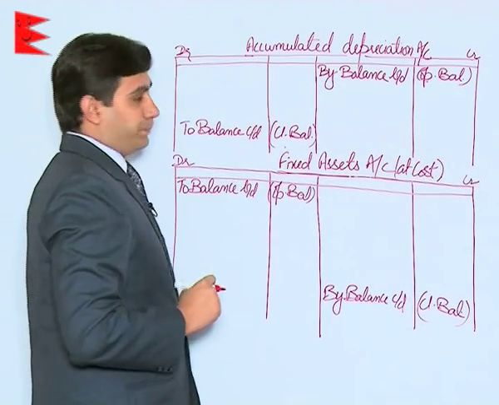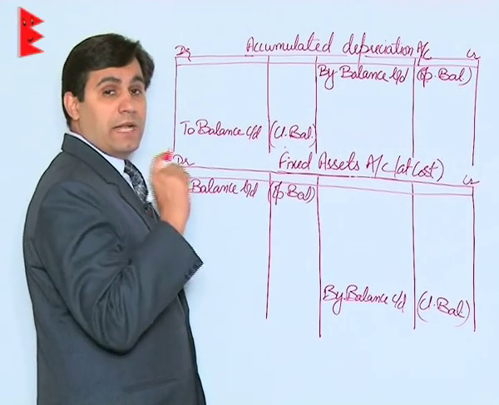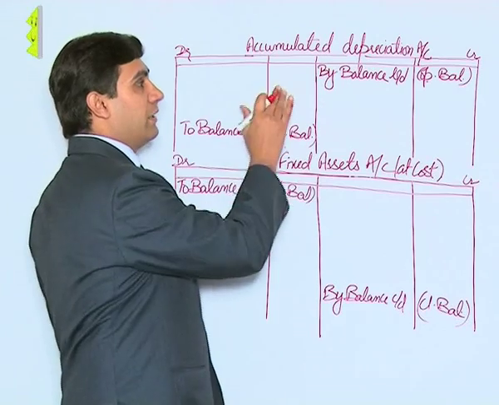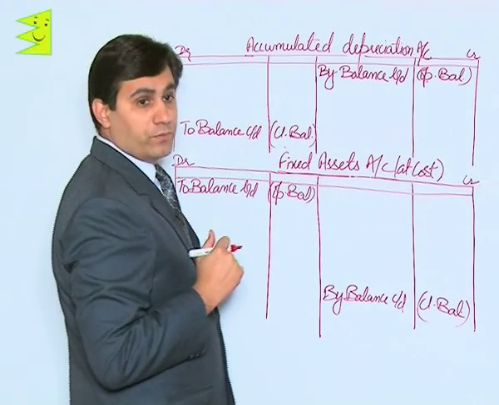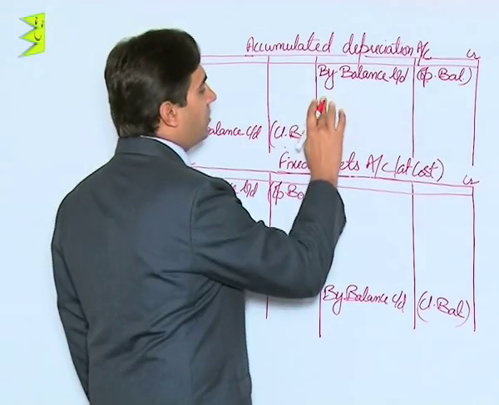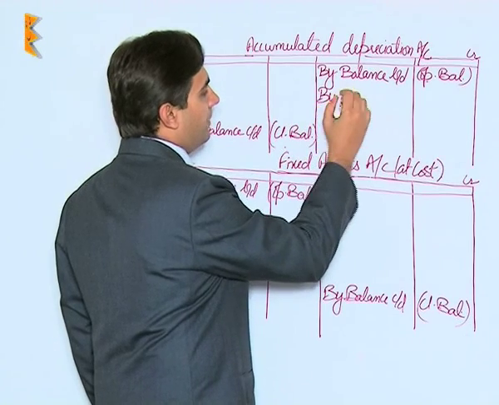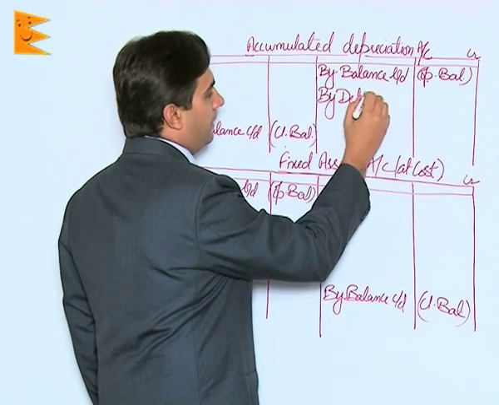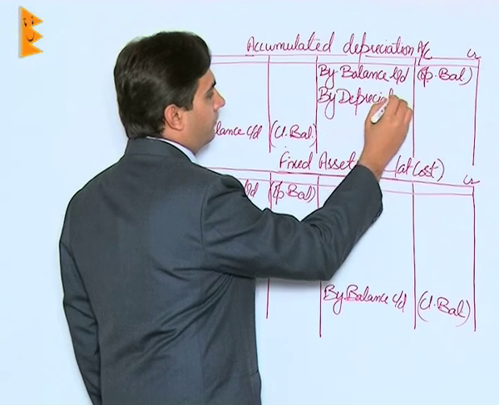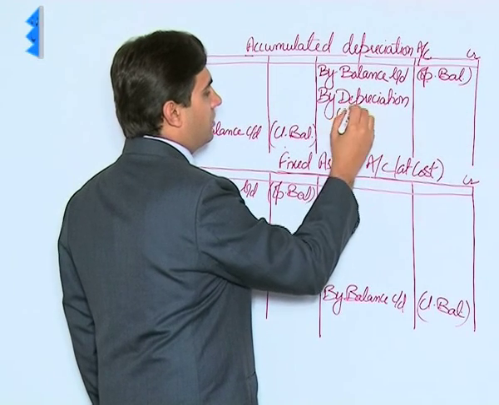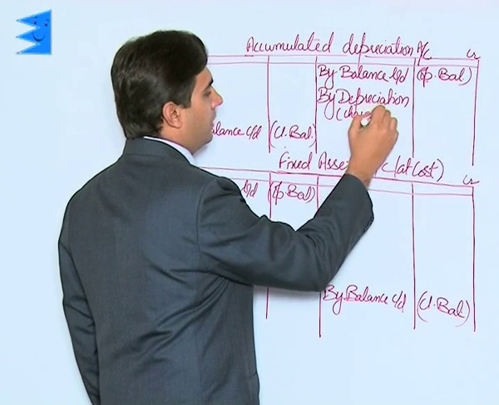Now students, anything that relates to depreciation would appear in the accumulated depreciation account. So that means depreciation charged during the year would appear here by depreciation, that is charged during the year.